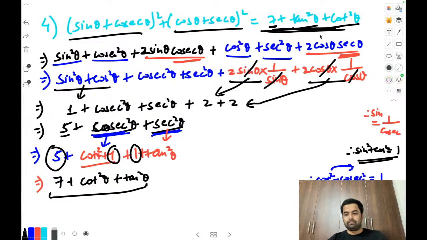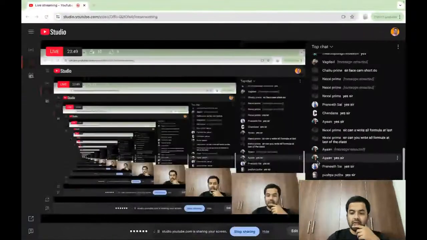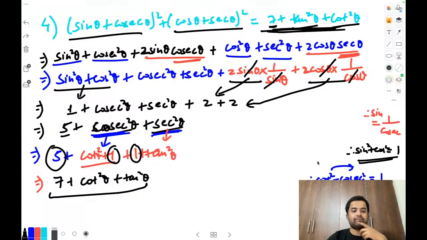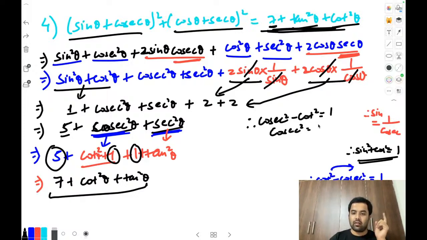Understood this? What can't you see, Ayan? Okay, that formula you can't see. Listen, Ayan, let me mention it here. I will write it here. The formulas we are using, see, this one. In the cosec place, we kept 1 plus cot.